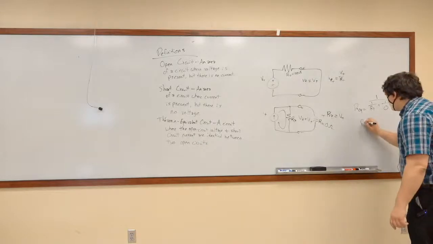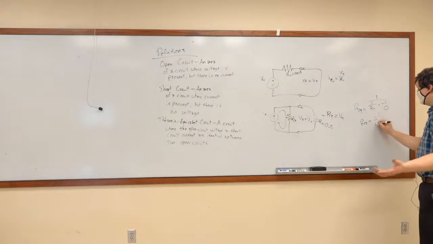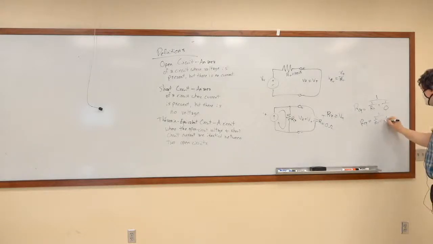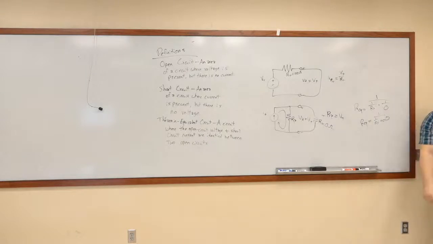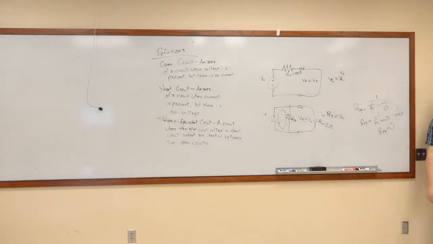So here your Req is equal to 1 over whatever that R value is, doesn't matter, plus infinity. Well, you're not going to get less than infinity by adding them together. So this functionally is equal to 1 over infinity. 1 over infinity means that your equivalent resistance is equal to 0.